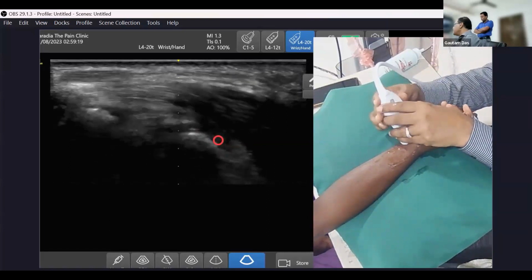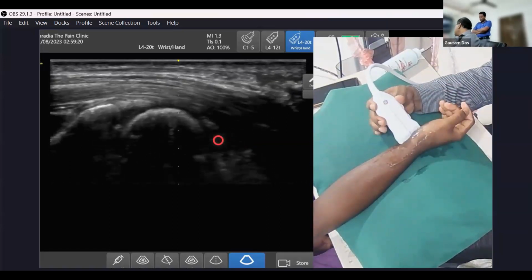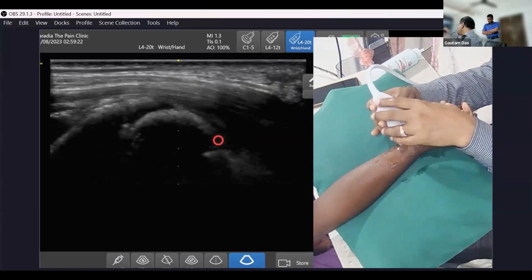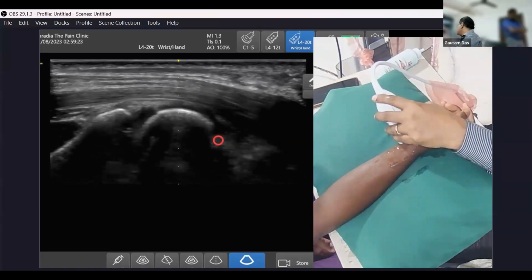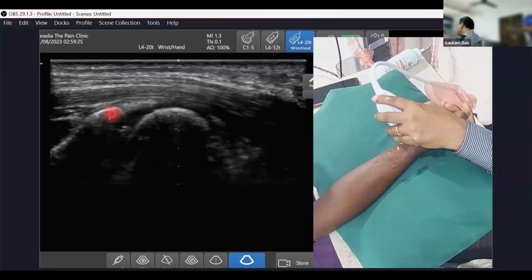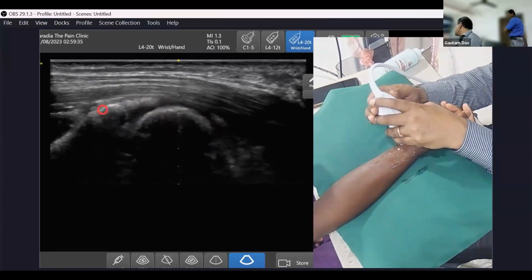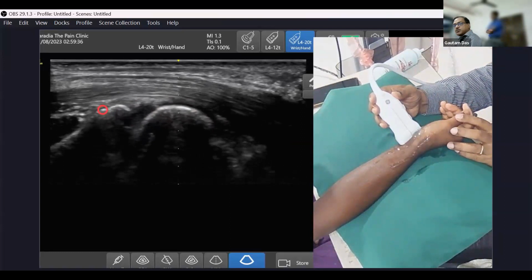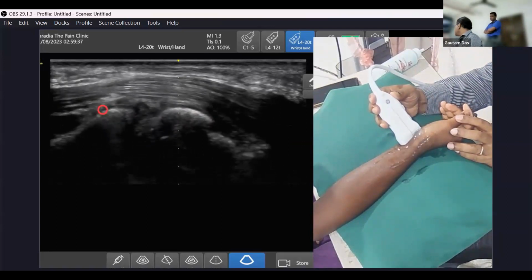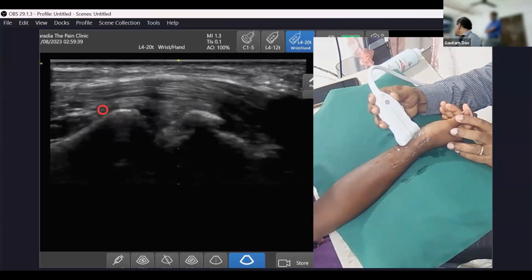Again, I'm showing you. If I'm holding the probe like this, this is your lunate, this is your radius. So this is your short radial lunate ligament. Now I'm fixing this part of the probe and sliding the other part more towards the radial side. Look at my movement of the probe.